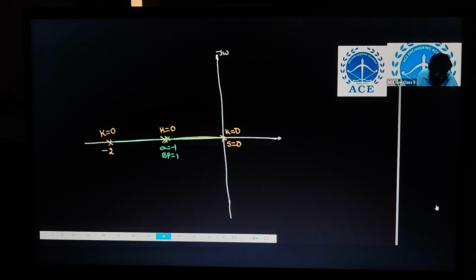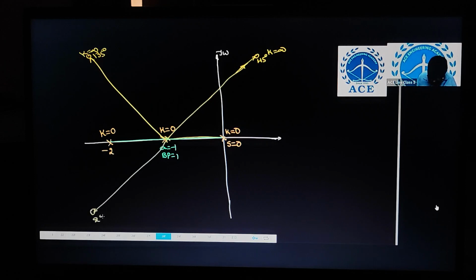Four asymptotes: one is 45, another is 135. Be remember, multiple pole locations and multiple zero locations are by default one of the breakpoints. Here minus 1 is by default a breakpoint, no need to calculate.